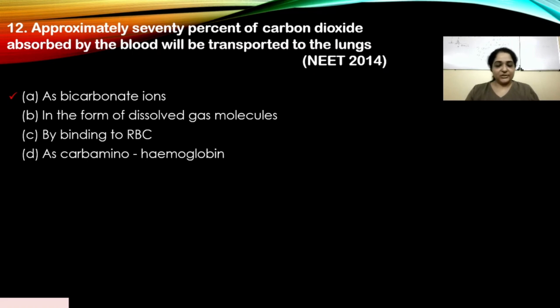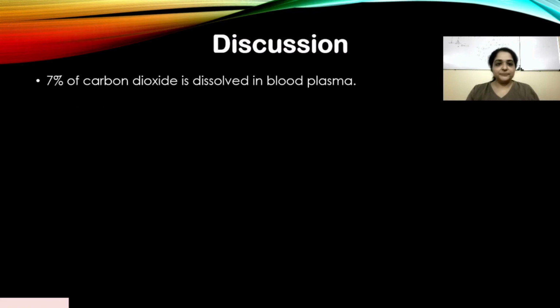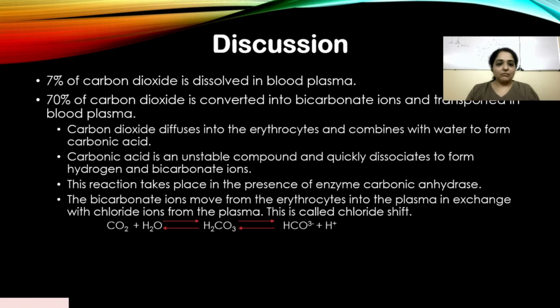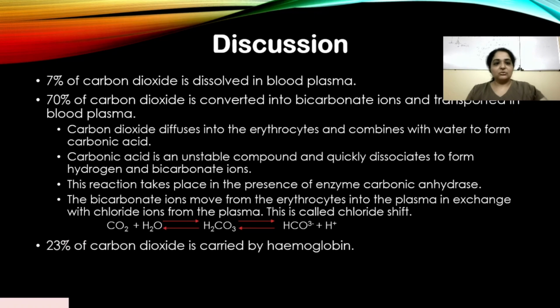Okay, we'll look at the explanation so you'll be able to understand it better. 7% of carbon dioxide is dissolved in the blood plasma. 70% of CO2 is converted into bicarbonate ions, like I previously told you, transported in the blood plasma.